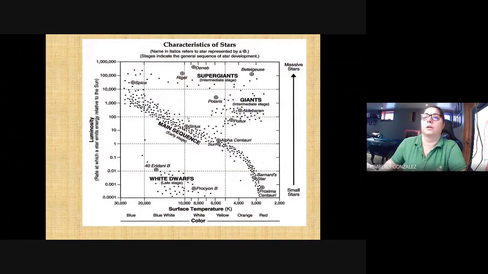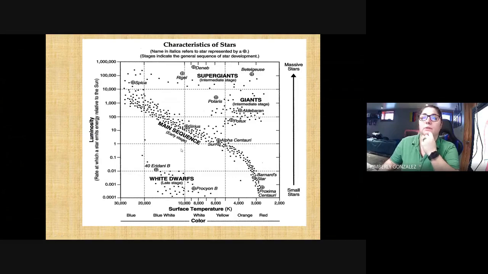So here's the chart. Here's the main sequence right here. We have white dwarfs over here. We have supergiants and giants. Now, you can have blue supergiants and blue giants. It's just a matter of where they are. Notice that the sun is right here in the middle, and we're basing the luminosity and the temperature off of that.